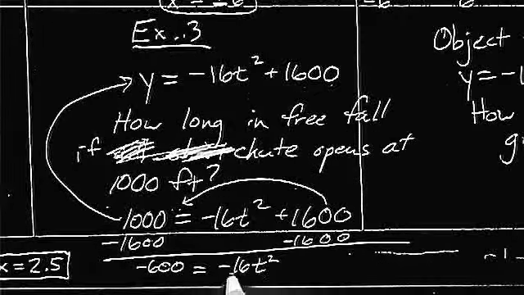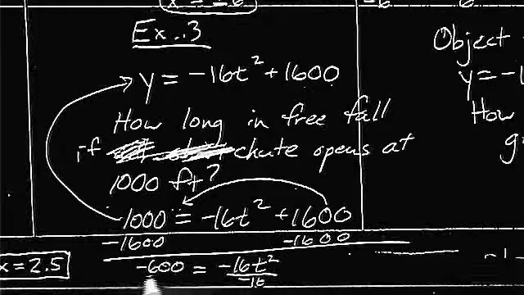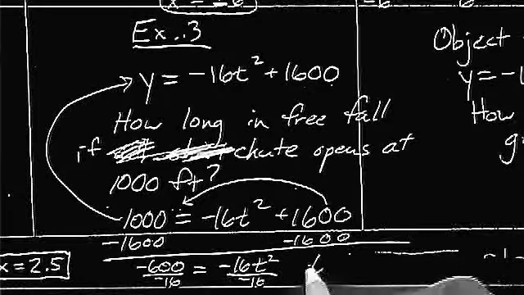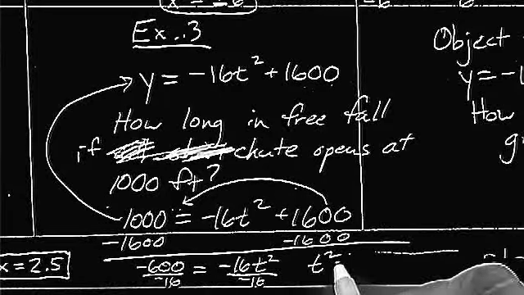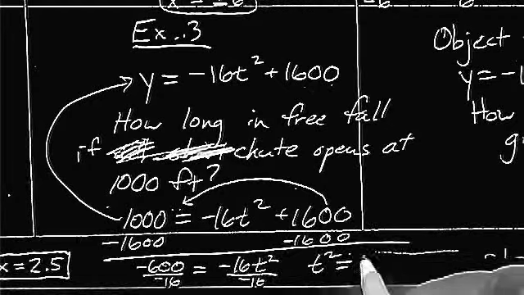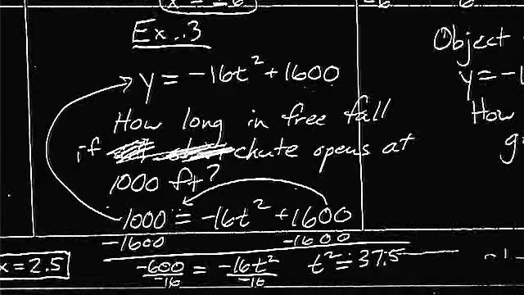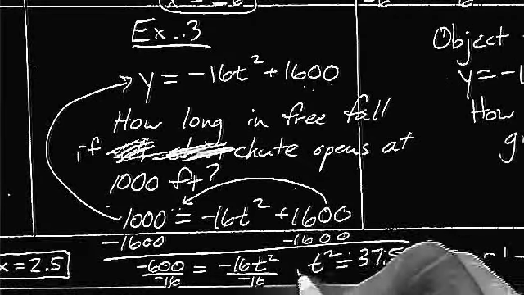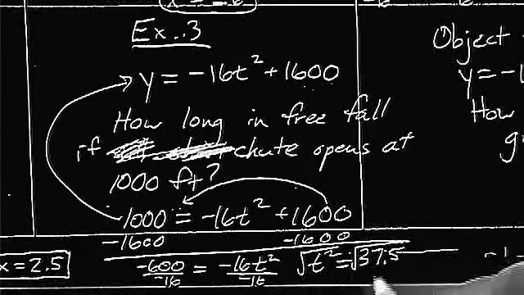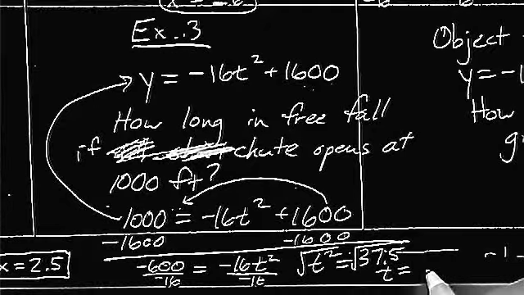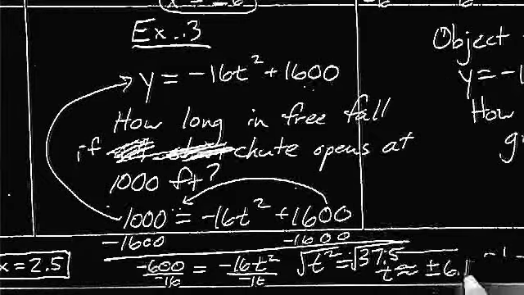Boy, I'm really running out of room here. Divide by negative 16. Divide by negative 16. So t squared is equal to 37.5. But that's still not equal to t, so I have to take the square root. Now, why in the world? I know. We are supposed to get a plus and a minus 6.1.